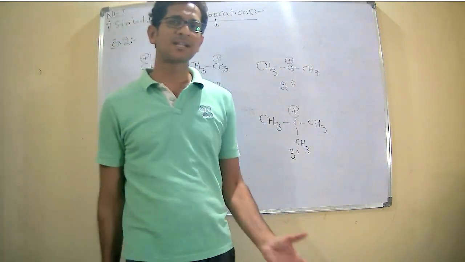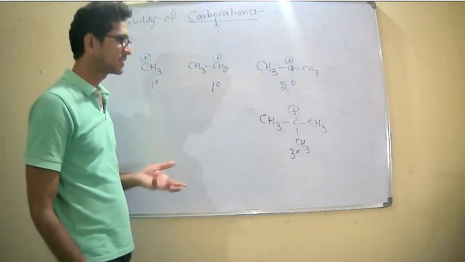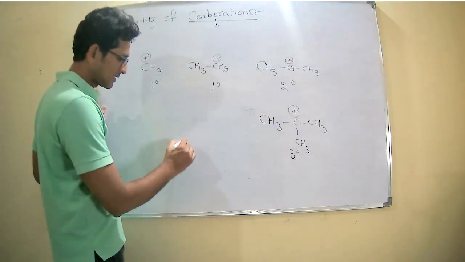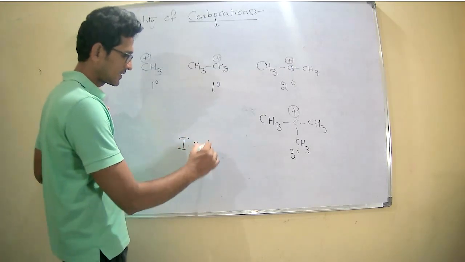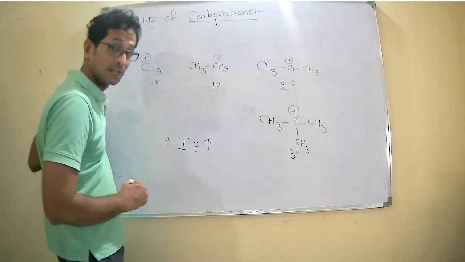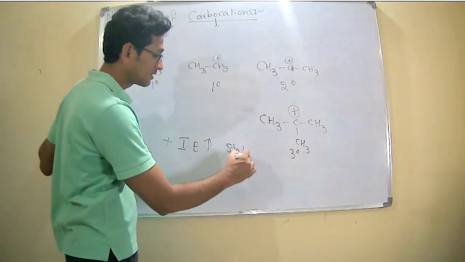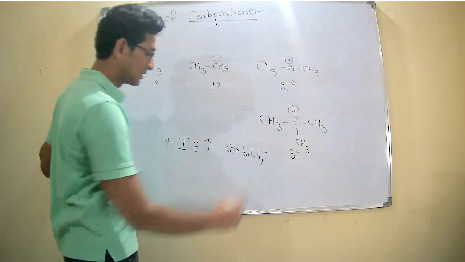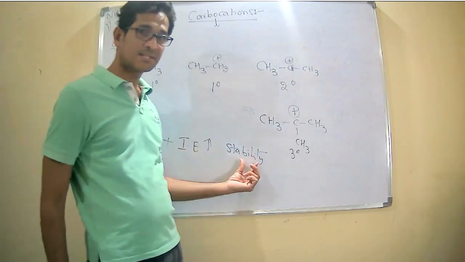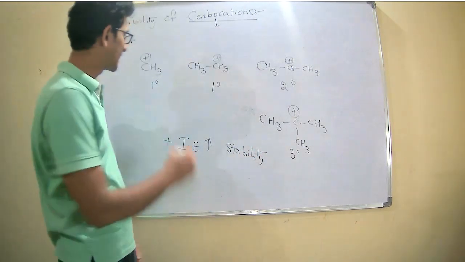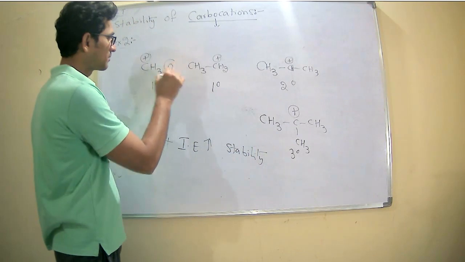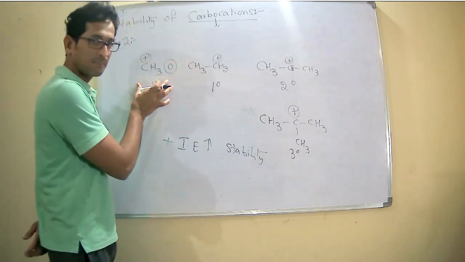Now, which carbocation is more stable? See here, we know that the plus inductive effect increases the stability of the carbocation. How many plus inductive effect groups are there in the primary?